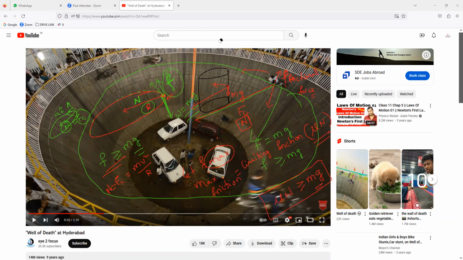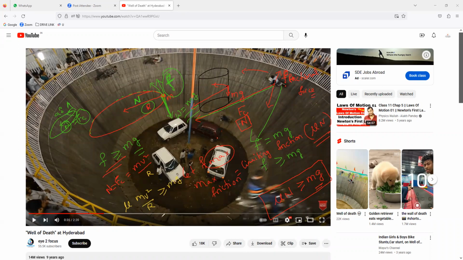Now you tell me. We all know n value, just now we have derived. N is equal to the force which is acting towards the center, and that only we consider. Mu into n value is how much? Mu mv square by r, which must be greater than or equal to mg.